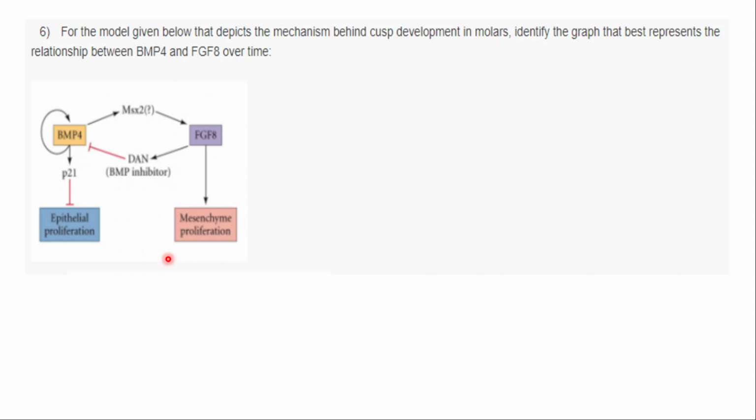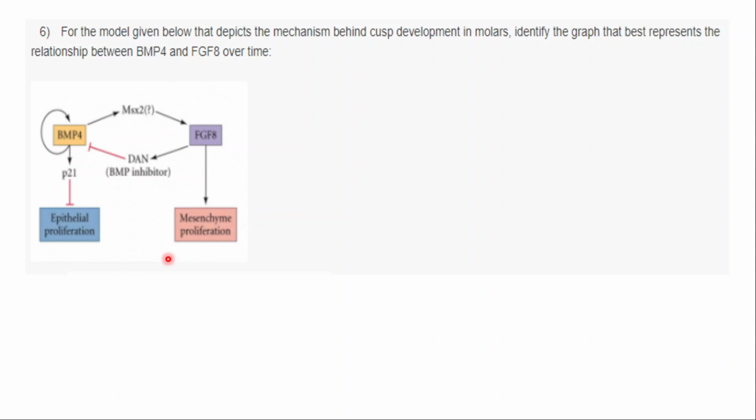So if you remember the molar development or the dental development, and what is the role of BMP and FGF signaling. Again, we have two different signaling and representing the cusps.